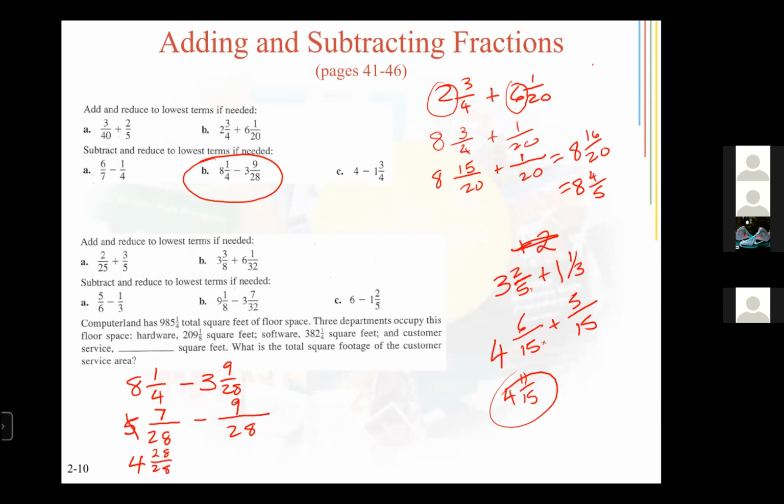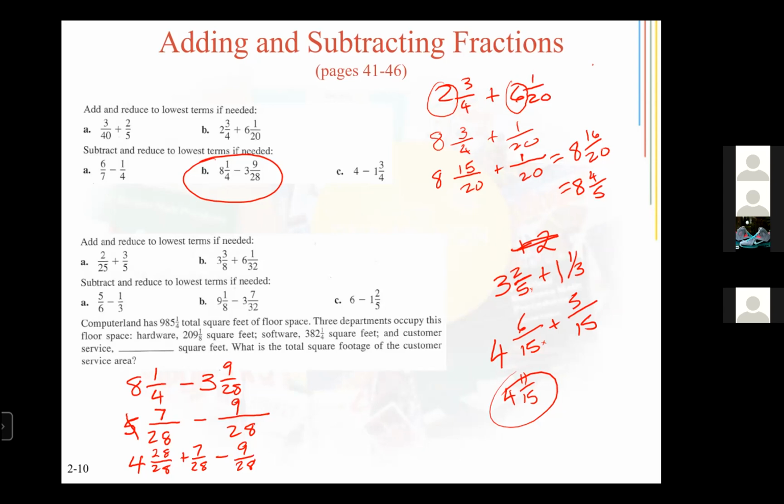So that's 4, and 28 over 28 plus the 7 over 28, minus the 9 over 28. You don't really have to put a bracket, but you can, because 4 and 28 over 28 is like 4 plus 1, which is 5.